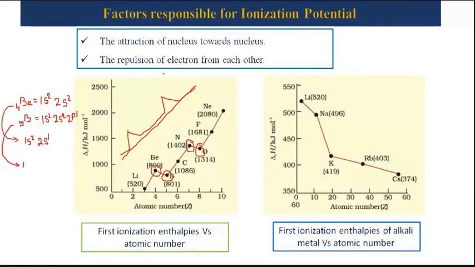Now it will be 1s2 2s2. So beryllium will have the electronic configuration after ionization 1s2 2s1. However, in case of boron, the electronic configuration will be 1s2 2s2.